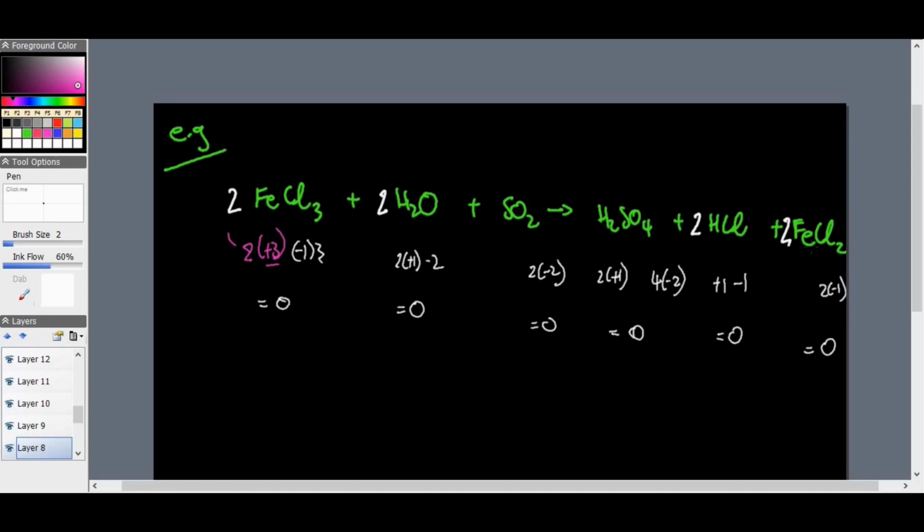Sorry, Connor, did you say that for this iron in FeCl2 it's also positive 3? Remember, this balancing number has nothing to do with it. That's just a balancing number, so there's no 2 there in this one.